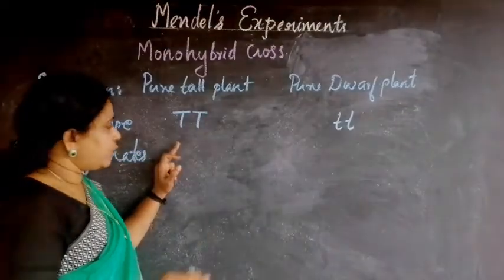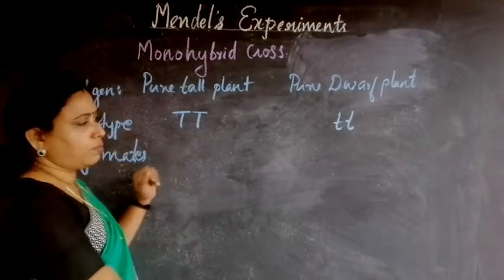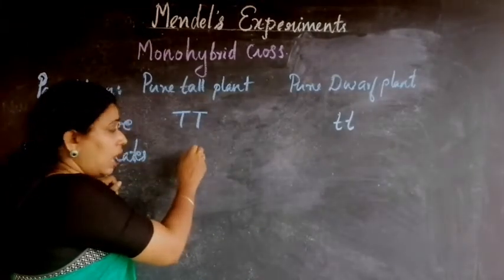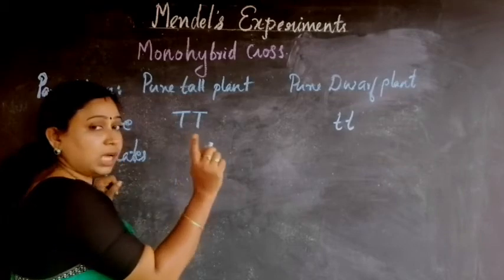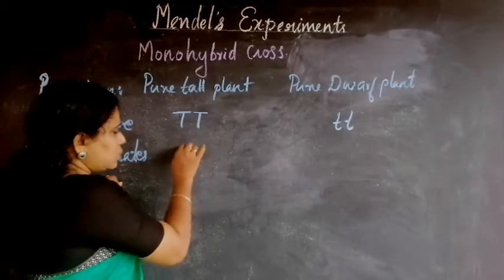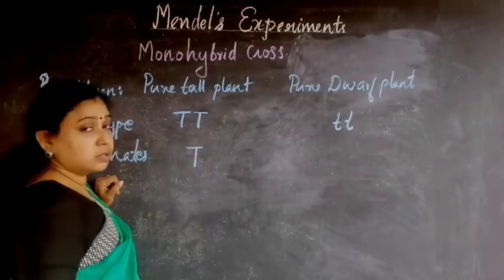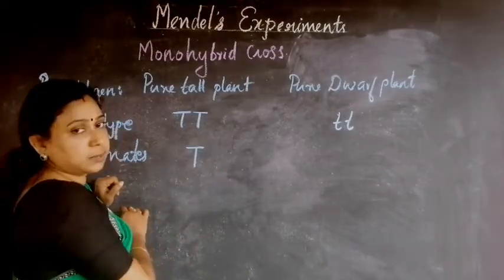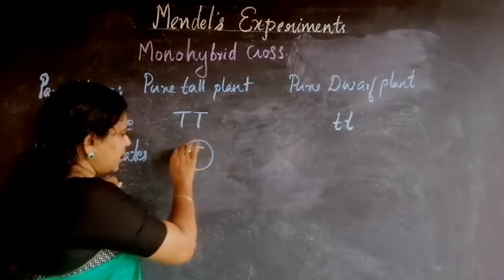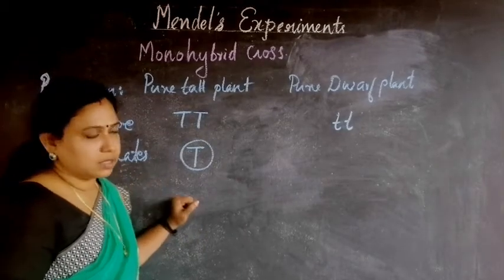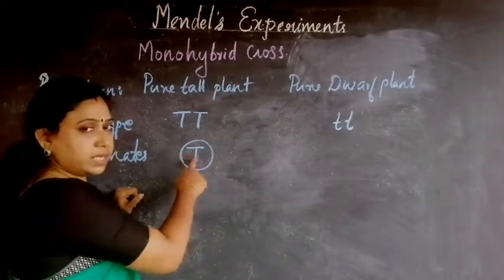In the gametes, how many chromosomes will be there? Only half the number of chromosomes. So we can write only one T and put a circle. When writing the gametes, you have to enclose them in a circle.